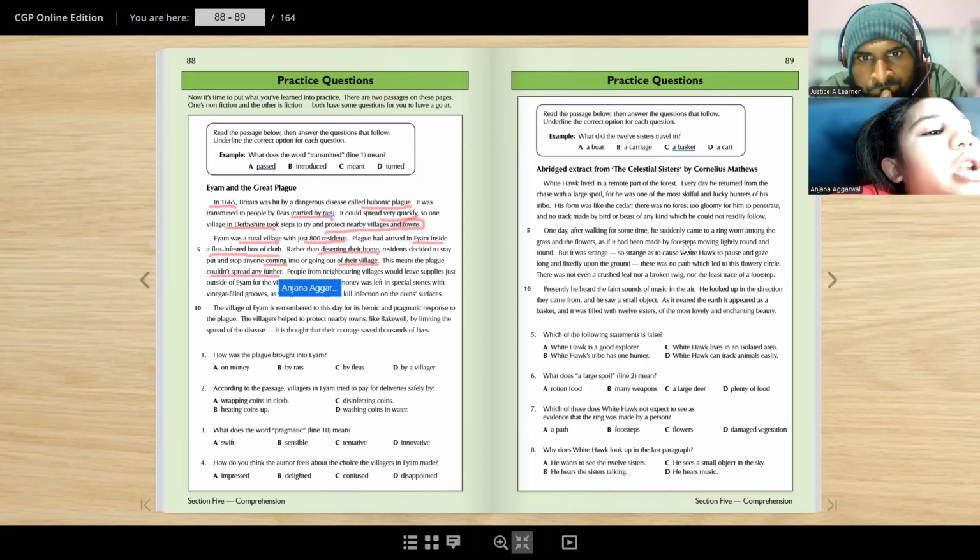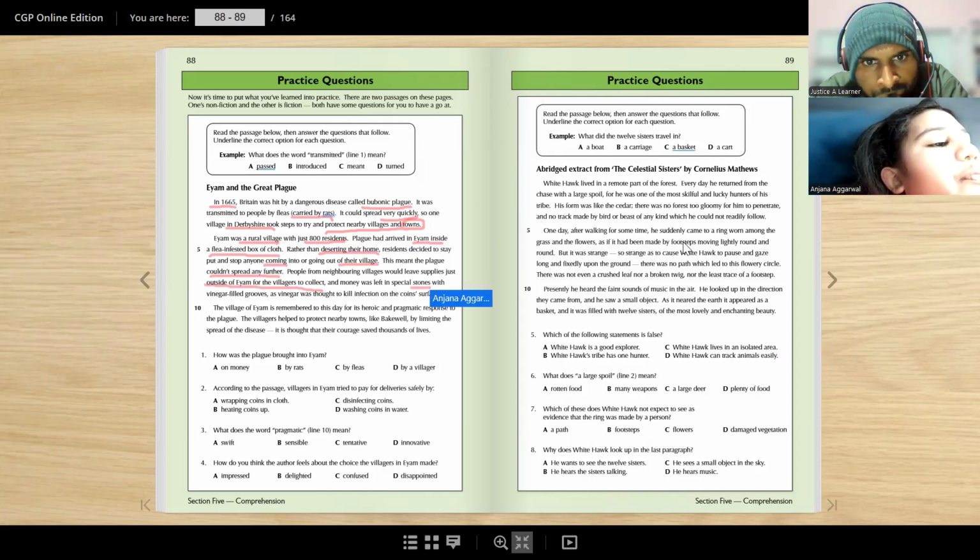People from neighboring villages would leave supplies just outside of the village to collect, and money was left in special stones with vinegar-filled grooves, as vinegar was thought to kill infection on the coins' surfaces.